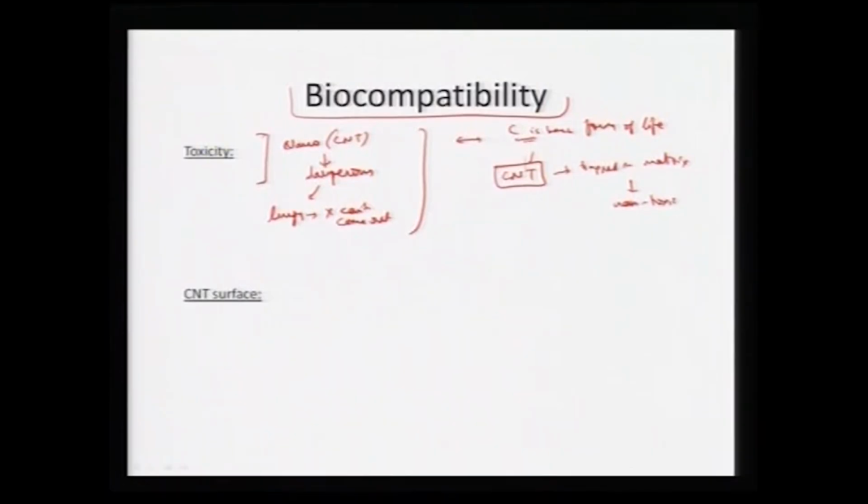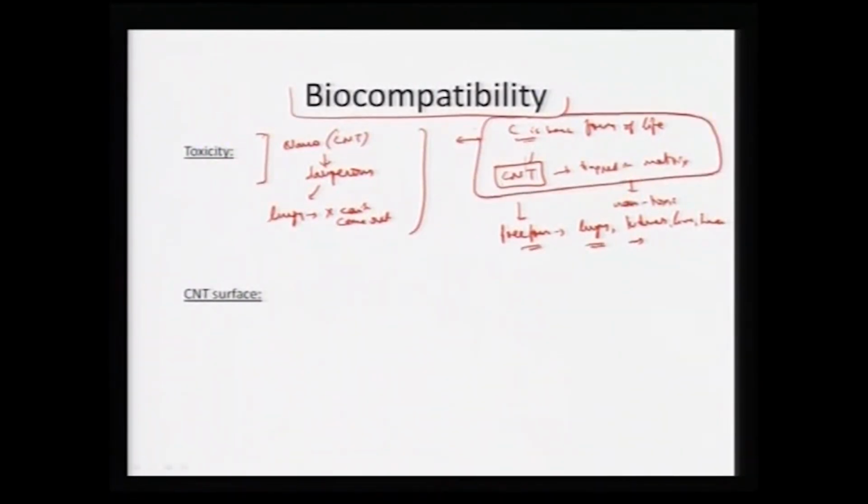So, it is non-toxic, but people still do not know what will happen if CNTs are available in free form. They might get deposited in the lungs, kidney, liver or heart, or they might even go to the brain and cause some damage. So, CNTs in free form might be dangerous, but once they are entrapped in a matrix, they might be much more biocompatible.